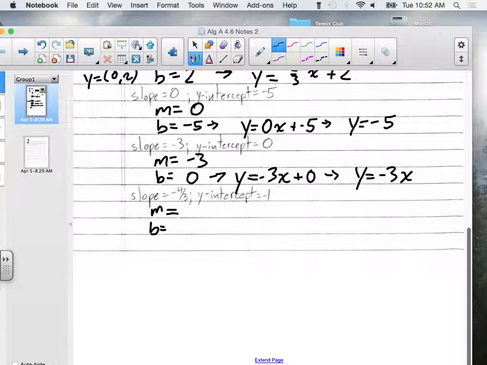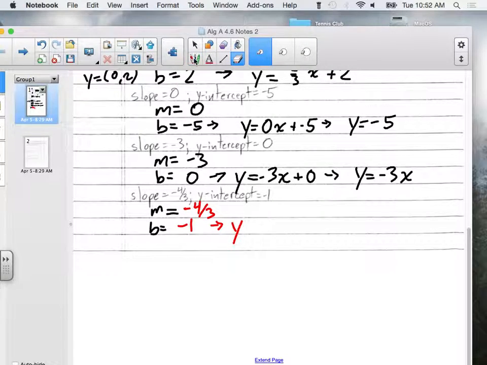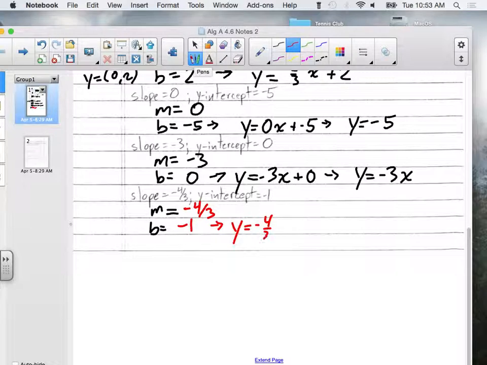That means our line intersects right here at the origin of our coordinate plane. All right, last one, what's our m? What's our slope that they tell us? -4/3. Y-intercept or b value is -1. So we have an equation that says what? y equals -4/3 x plus -1, and you just clean that up. Equals -4/3 x minus 1.